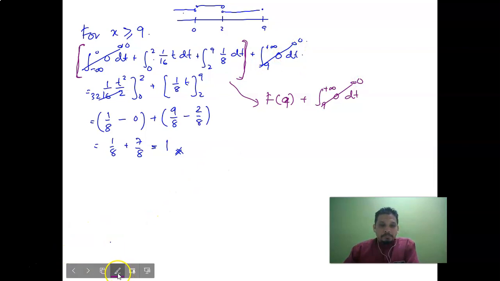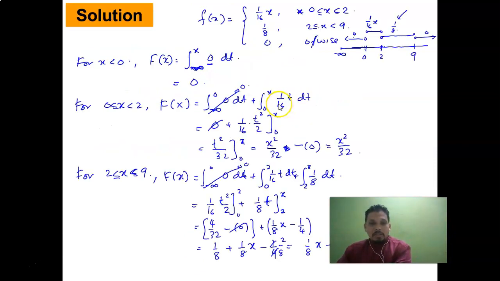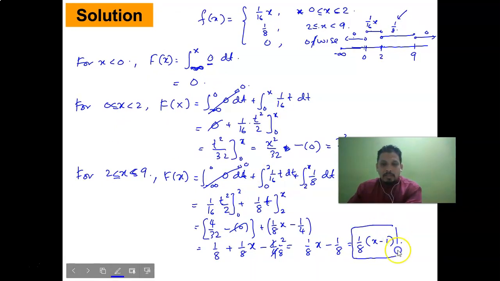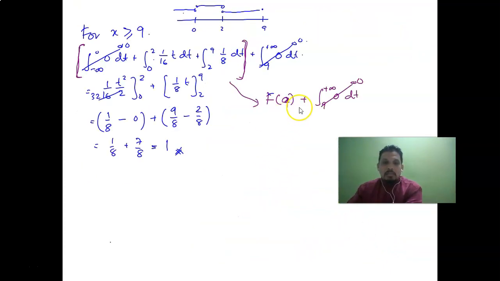Okay, so F9, where I can use this result, which is 1 over 8 x, take this x as a 9 minus 1, 9 minus 1 equal to 8, 8 multiplied with 1 over 8 equal to 1, still the same, either one.